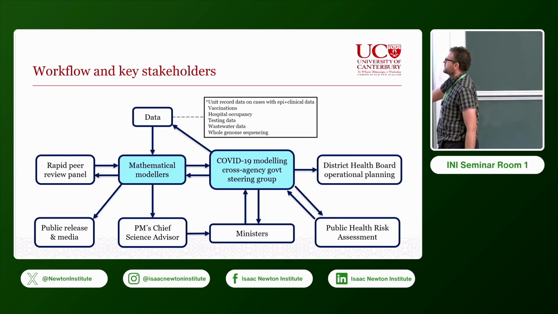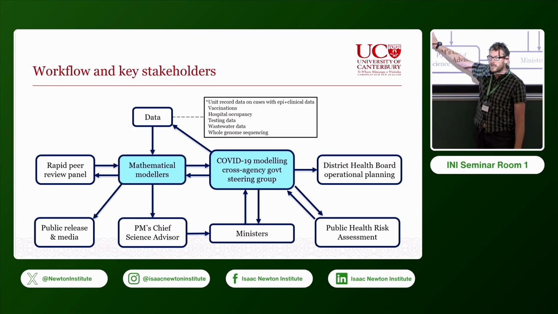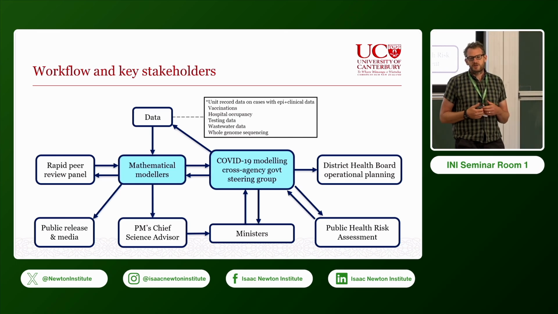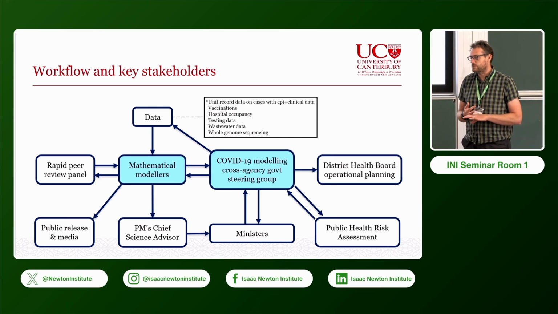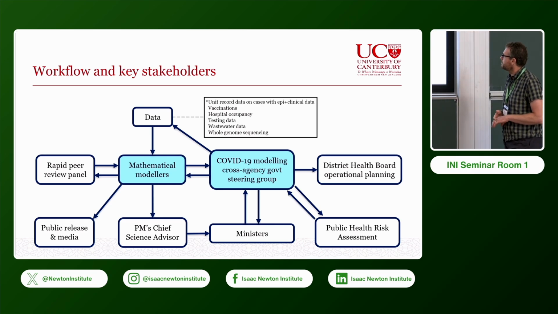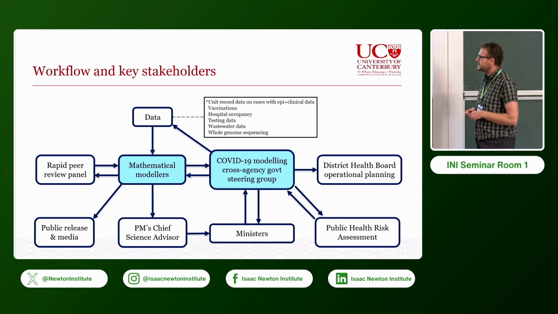And just a couple of other things to highlight over on the left here. One is that at the start of the pandemic, when we first started doing this work, we set up a rapid peer review panel. That was a group of multidisciplinary experts, so modellers as well as public health experts, Māori health, people with that social health expertise.